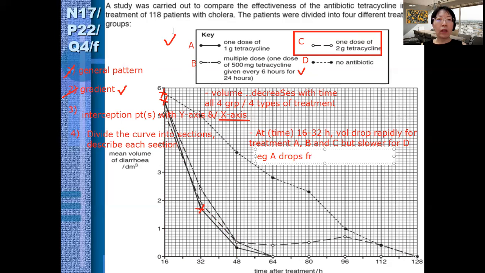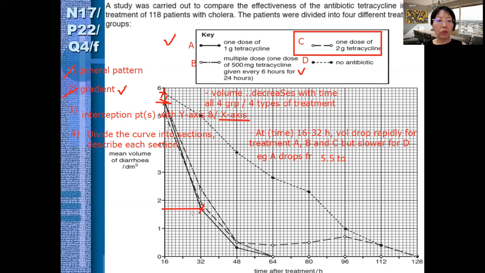So for example for A, I have to read accurately from the Y-axis. For treatment A, I read from this value. It looks like 5.1, 5.2, 5.3, 5.4, 5.5, so it's 5.5. So I write that it drops from 5.5 to, then the second value I read from here.